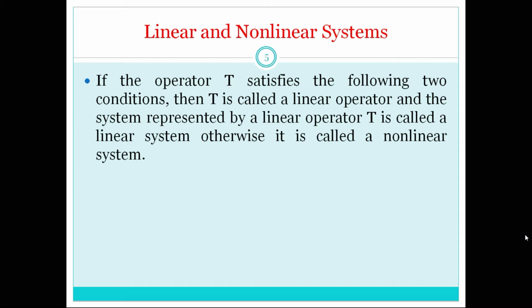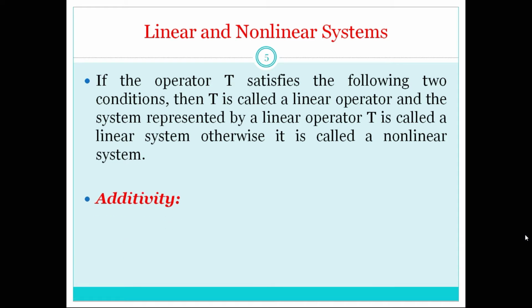Let us see what those conditions are. A system which satisfies the superposition principle is called a linear system. That means superposition principle means we have to satisfy two conditions. First condition is additivity, second condition is homogeneity. Okay, let us discuss those things.